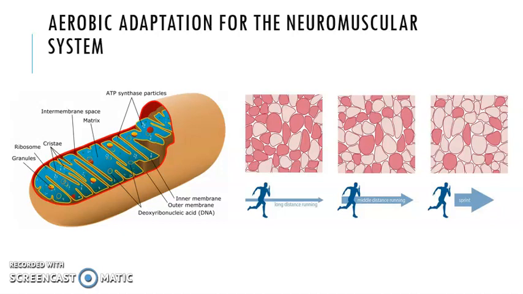This means that the athlete's muscles will be able to continue for longer, and it won't hurt as it would in anaerobic exercise, and there's an increase in the clearance of lactate. So when lactate is produced, it is removed from the body quicker.